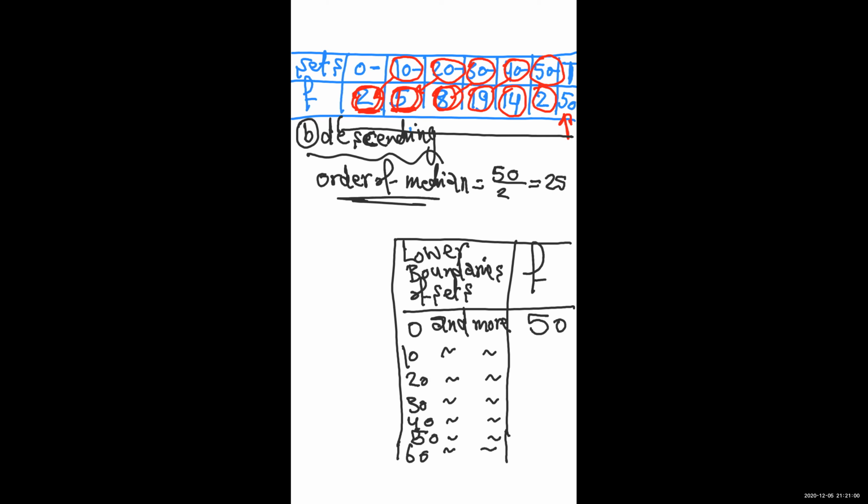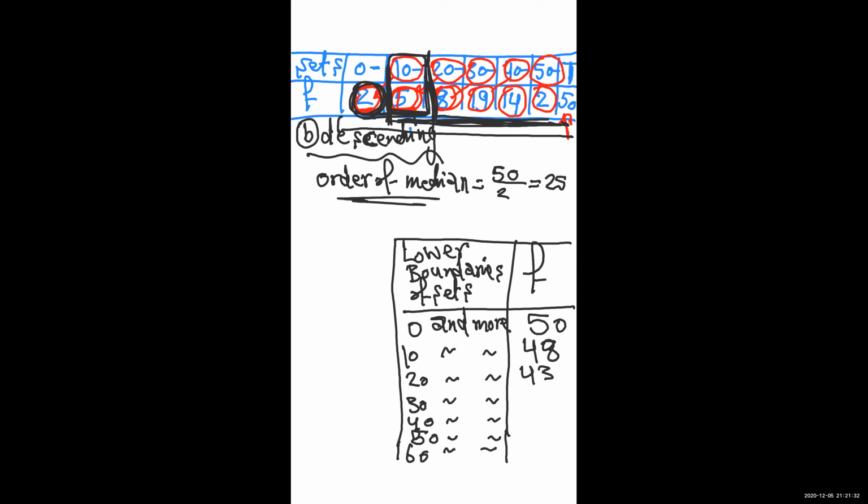So 10 and more, guys, means all this. So 50 minus that 2, so 48. Then the next, 50 minus that 2, or you can add all this: 8 plus 9 plus 4 plus 2. So it will be 43.